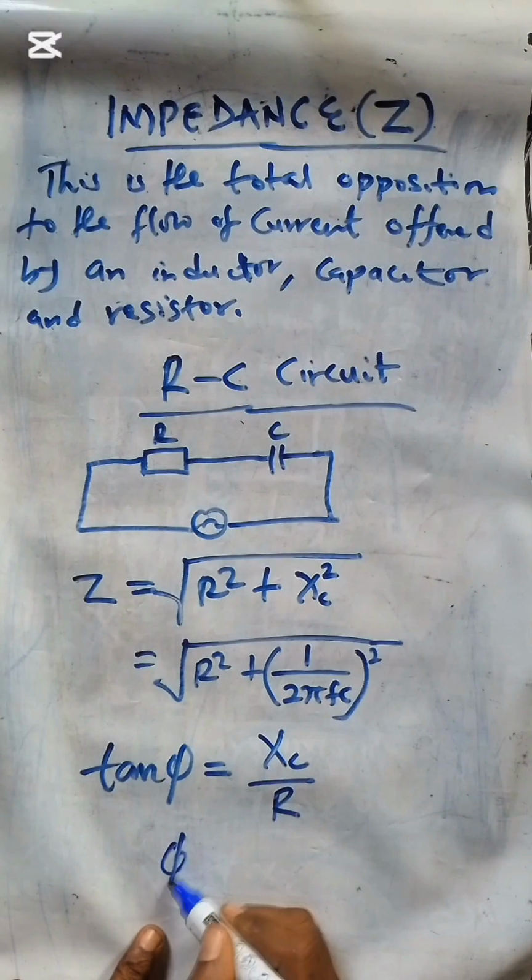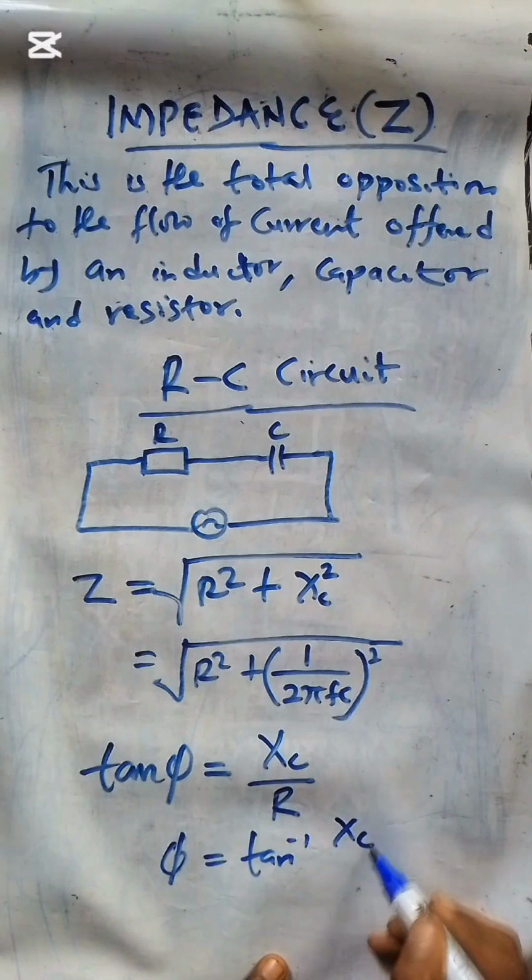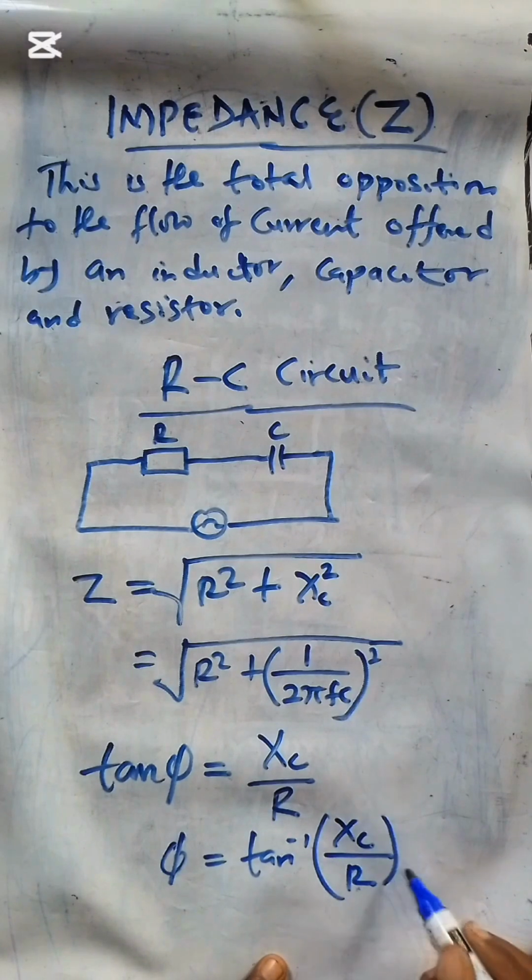So the phase angle is given by arctan of capacitive reactance over your resistance. You can use that to calculate the phase angle between the current and the voltage in an RC circuit.